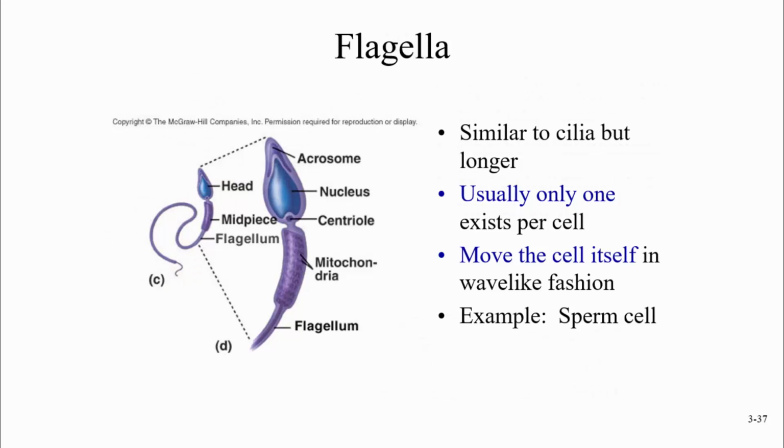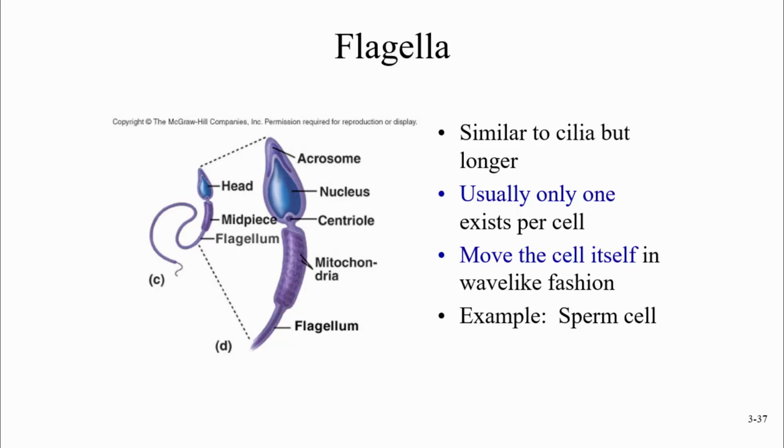And then flagella, it's similar to cilia but longer. There's typically one per cell, and the only cell in the human body that has a flagella is going to be the sperm cell. Okay, and like I said, it usually has one per cell.